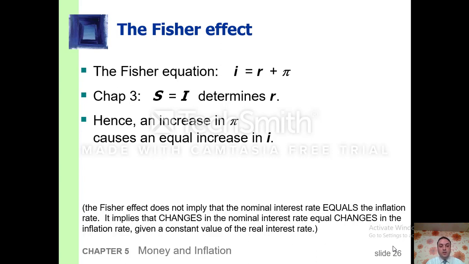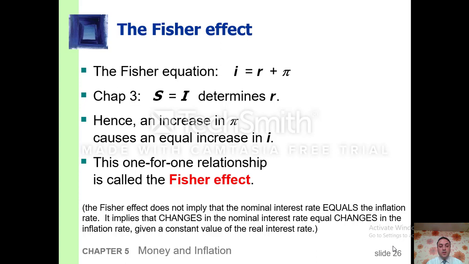Hence, the increase in the inflation rate causes an equal increase in the nominal interest rate, as we can see from the Fisher equation. This one-for-one relationship is called the Fisher effect. When the inflation rate increases, the nominal interest rate should increase.